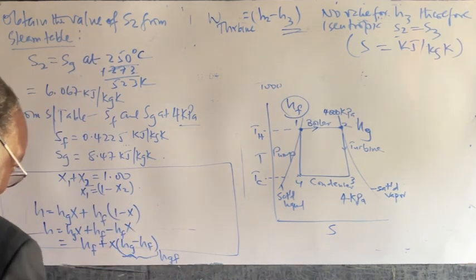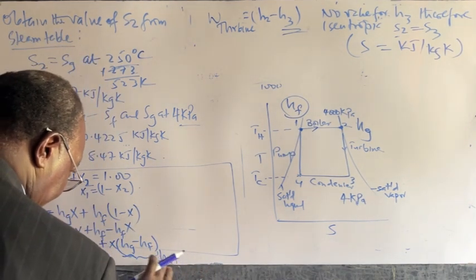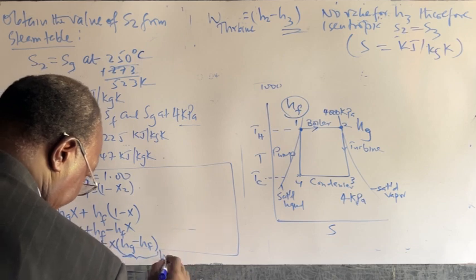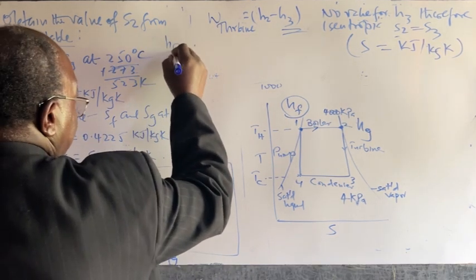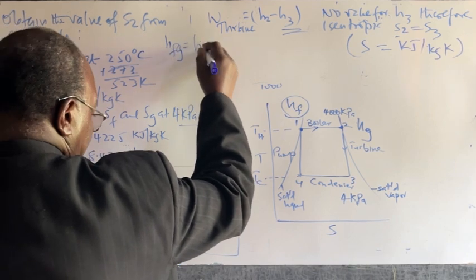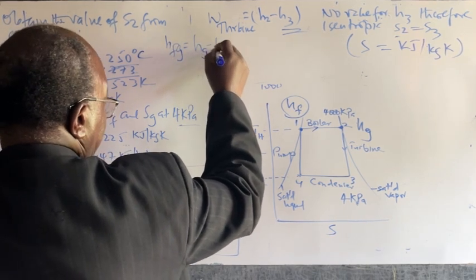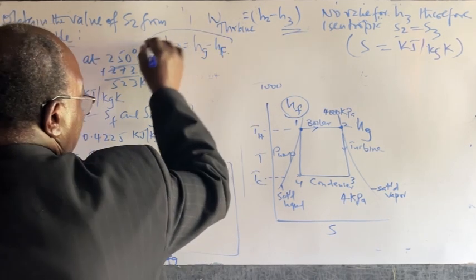So now, using this identity, anytime you see Hfg, you know it is simply Hg minus Hf. Always note that.